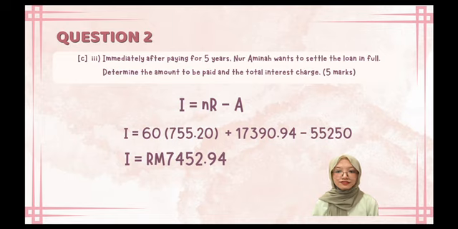Okay, so now we have to find the total interest charge. For the total interest charge, we will use the formula I equals NR minus A. Let's substitute the information into the formula. So, 60 multiplied by 755 ringgit 20 cents plus 17,390 ringgit 94 cents minus 55,250 ringgit. And then we get 7,352 ringgit 94 cents.